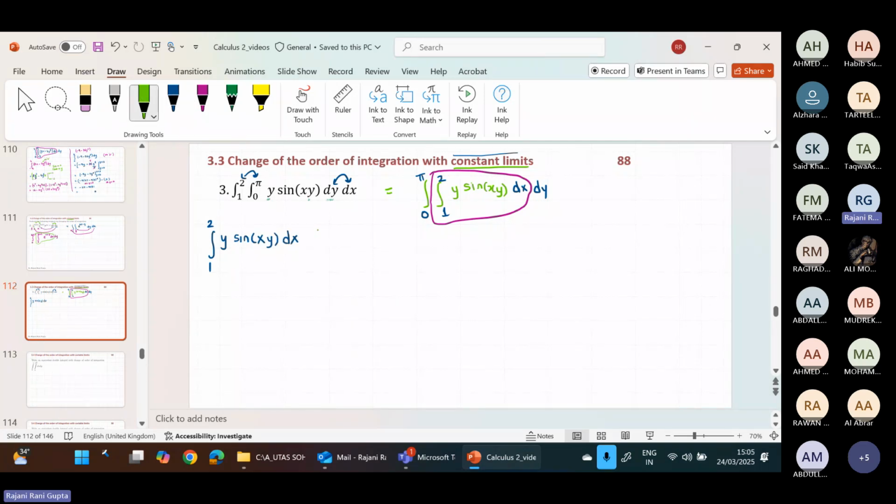Here, I'm integrating with respect to x, treating y as a constant. So the only function of x that I have is this. I don't have anything in product. So I can do it directly without using integration by parts. So what I want now is what will be the integral of sine of xy.